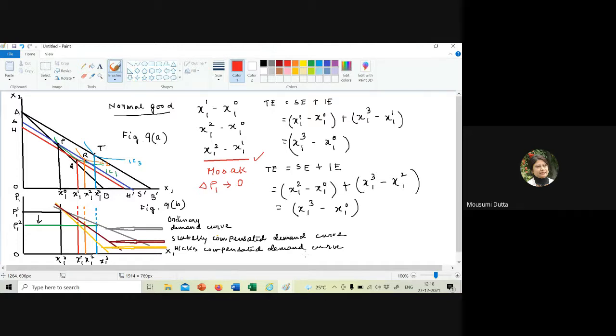This means that all these values will move towards 0 as delta P1 approaches 0.